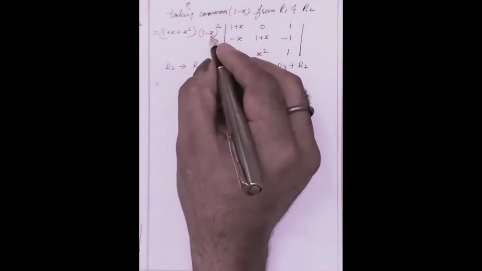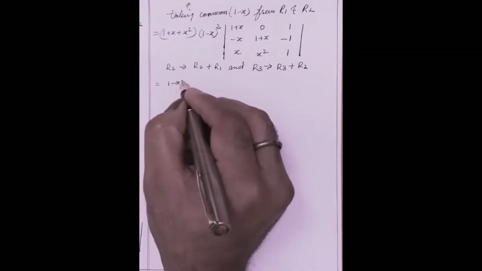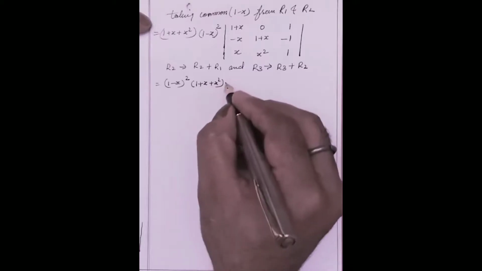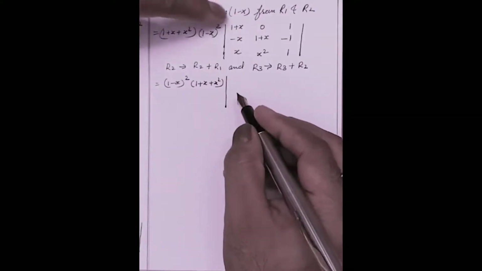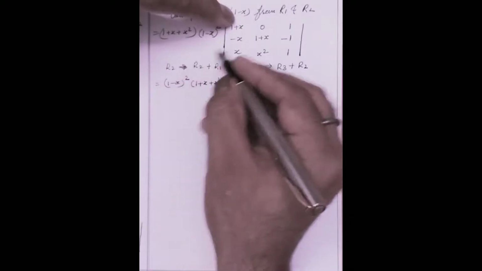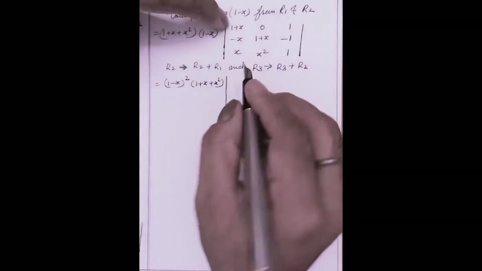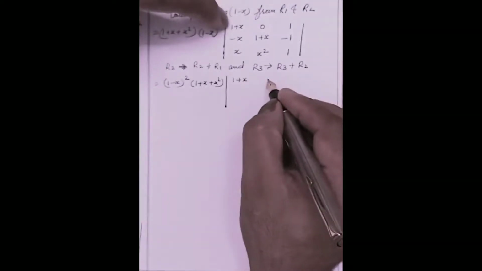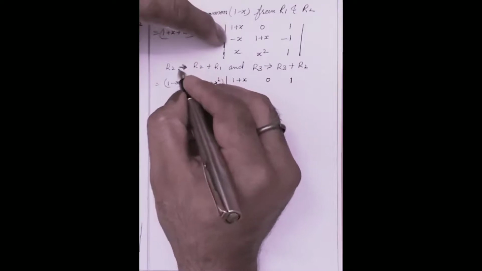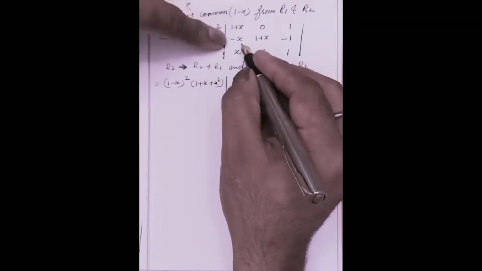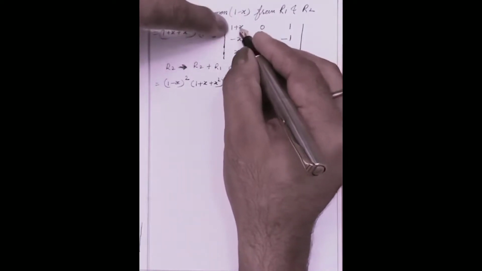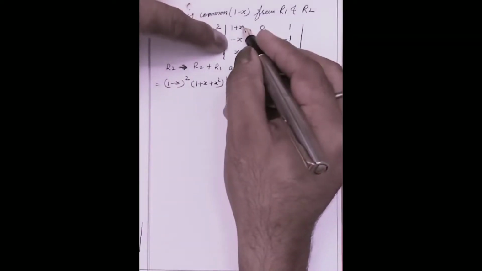So 1 minus x whole square, 1 plus x square outside, and then we did not give any command to r1, so r1 will remain the same, 1 plus x 0 1. We have given this statement, r2 will change with the help of r1. So we are adding these two, r2 and r1, and writing here minus x plus x cancel.